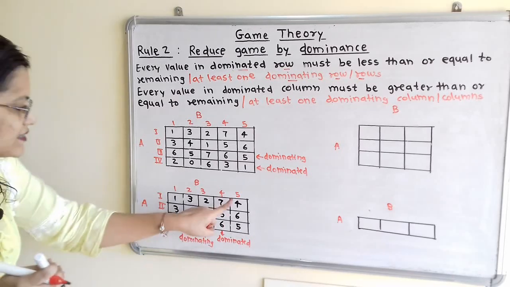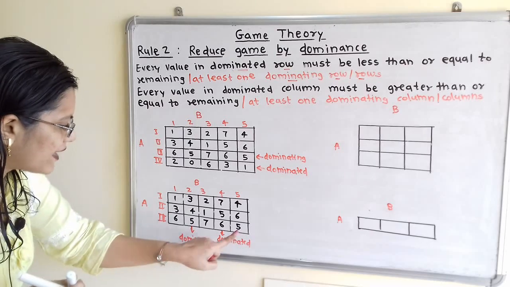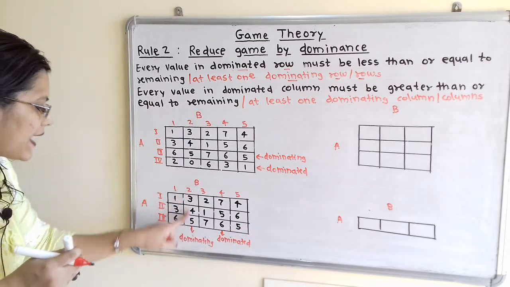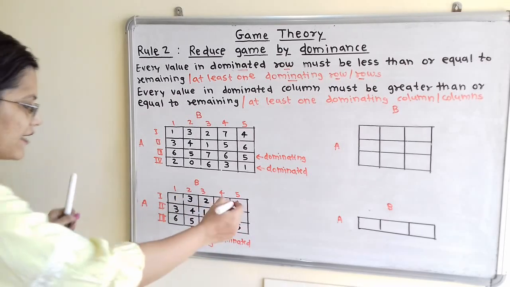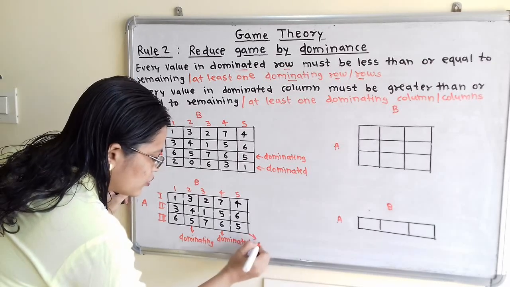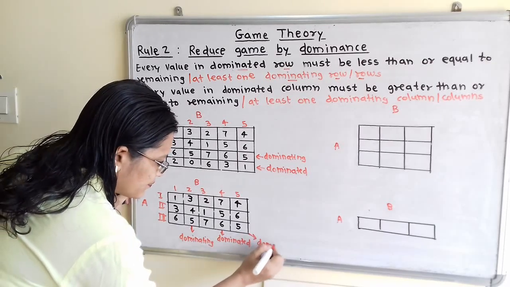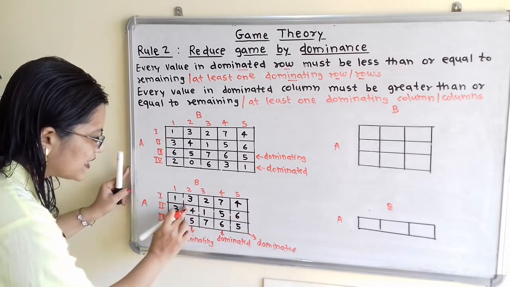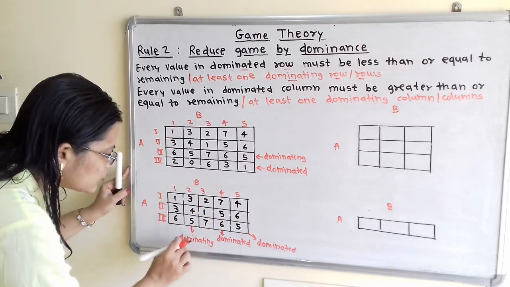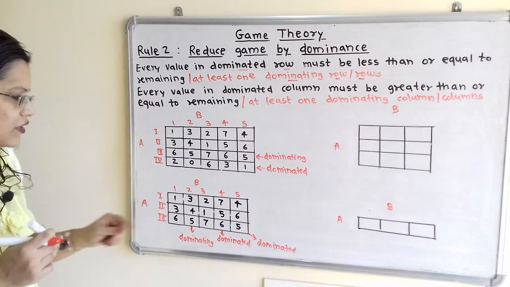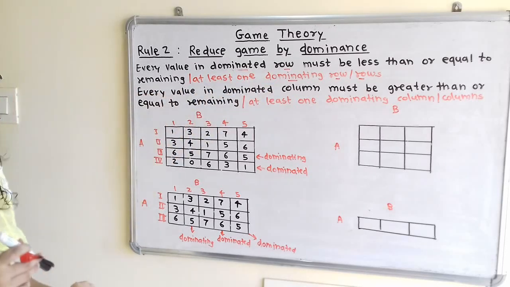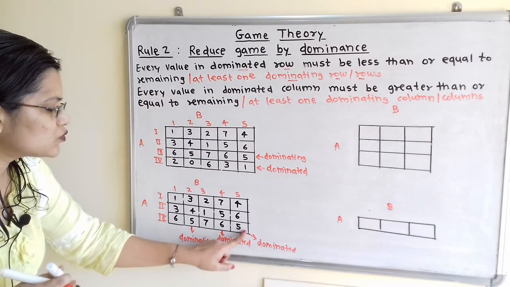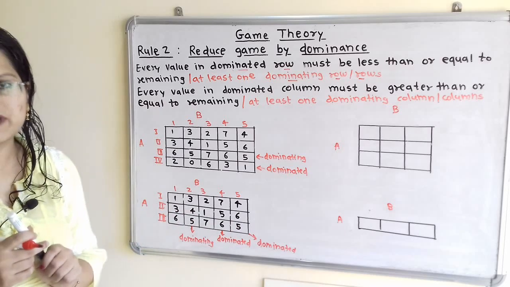So again we can say that this fifth column is dominated by column 2, because every value is greater than or equal to the second column. So this second condition is satisfied, and we have to remove these two columns.